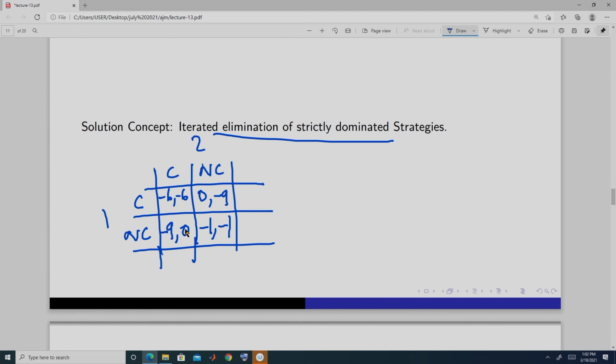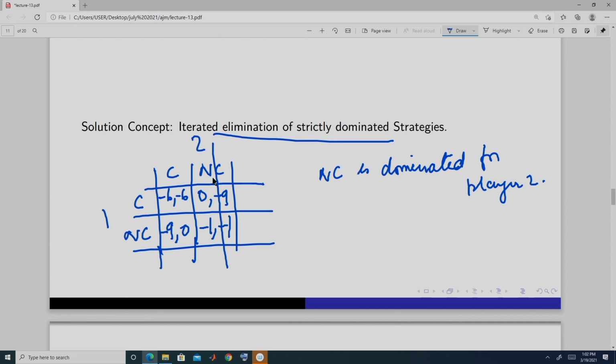Here, for player 2, this is 0 and this is -1. So, again this is less. So, this strategy is actually dominated. So, NC is dominated for player 2. If we start with player 2, then this can be removed.